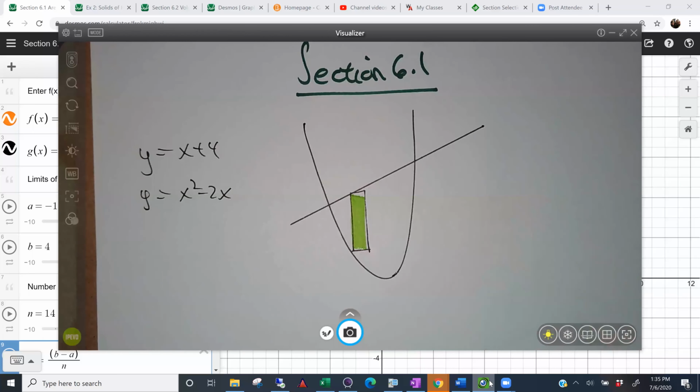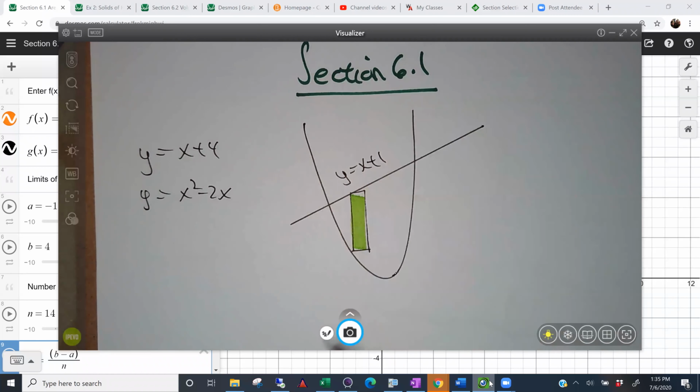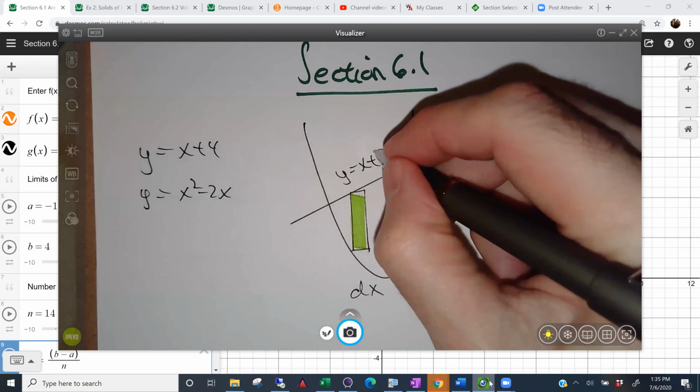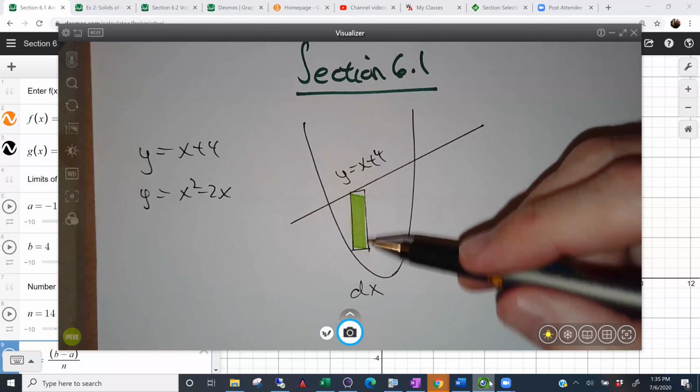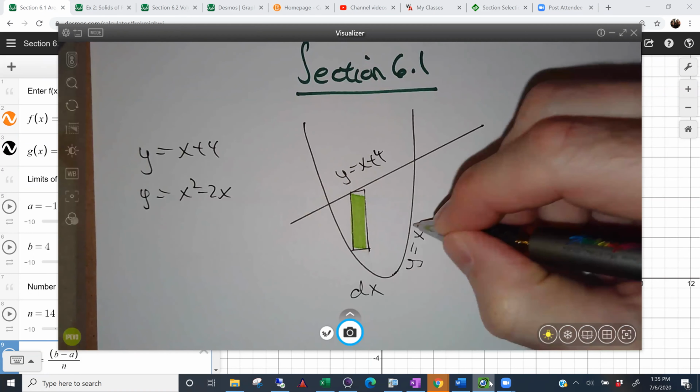I know in this case, it feels like we're slowing down just to find the area of this one rectangle, but this little slice here, which I'm going to give a thickness of dx, is going to become more important as we work with things in section 6.2 and 6.3.